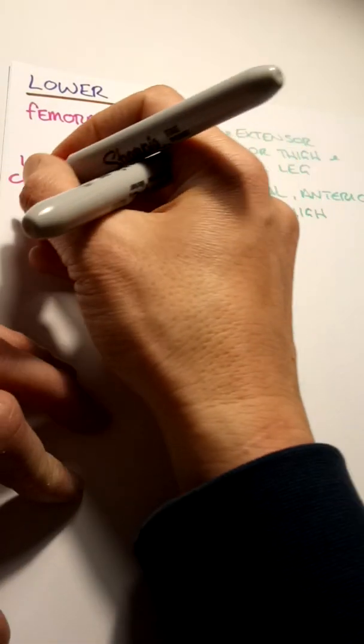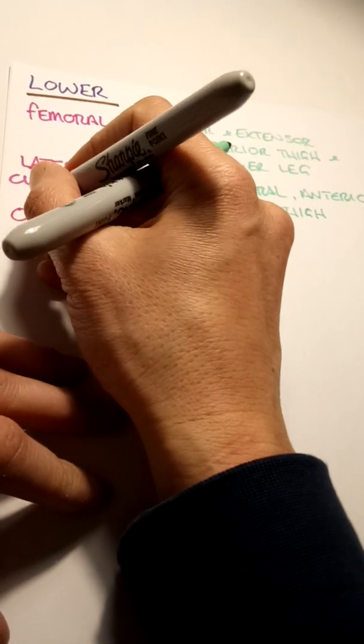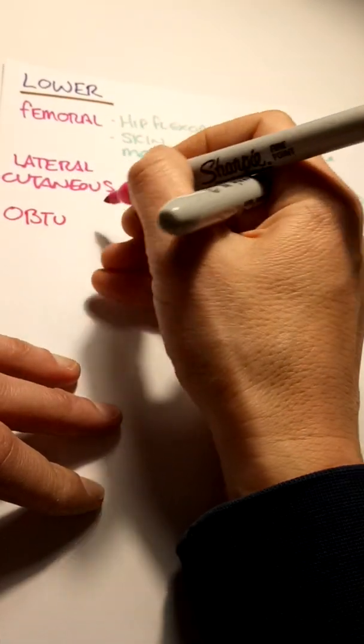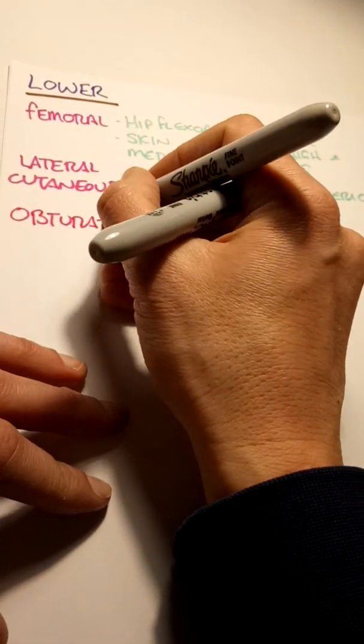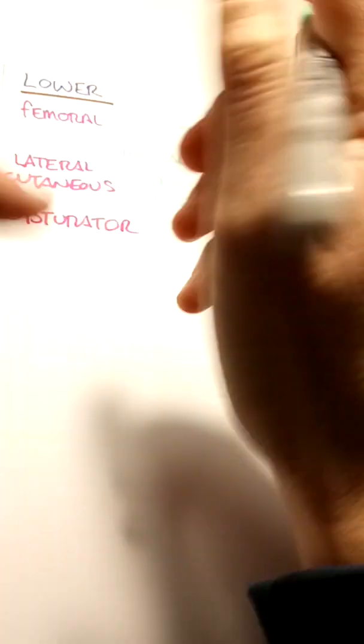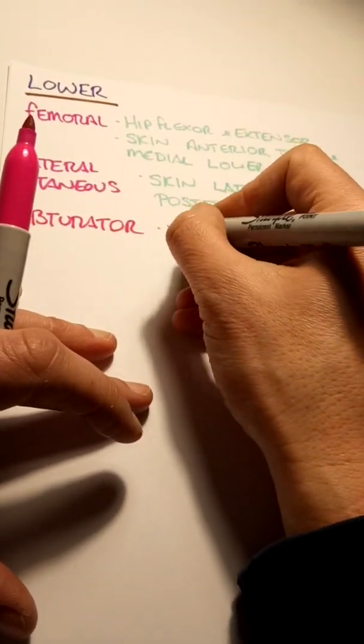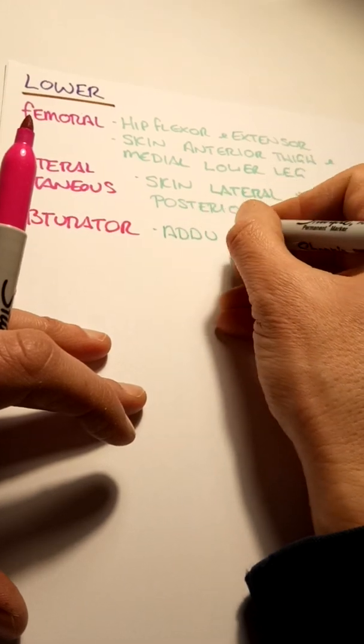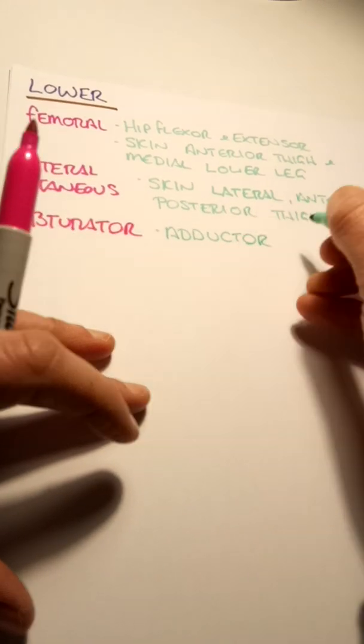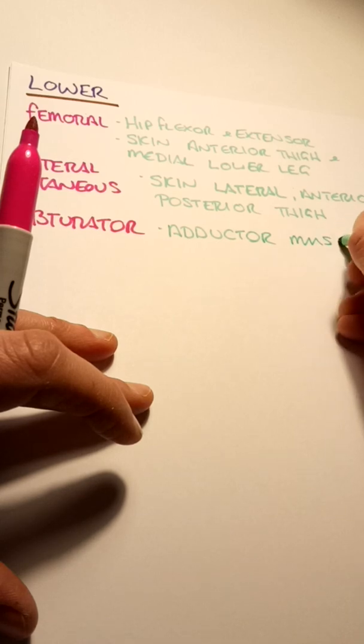Then we've got the obturator. And what does this do? Your adductor muscles of the leg, obviously.